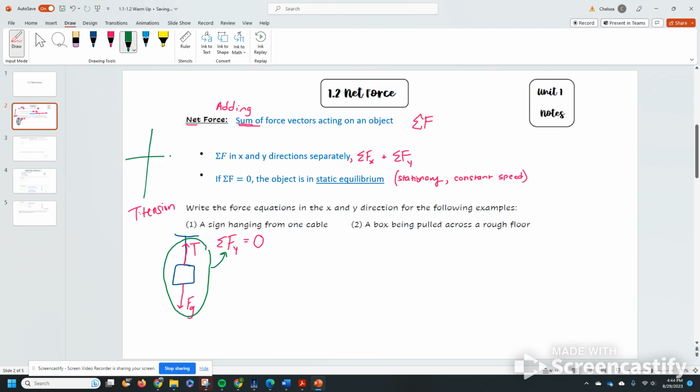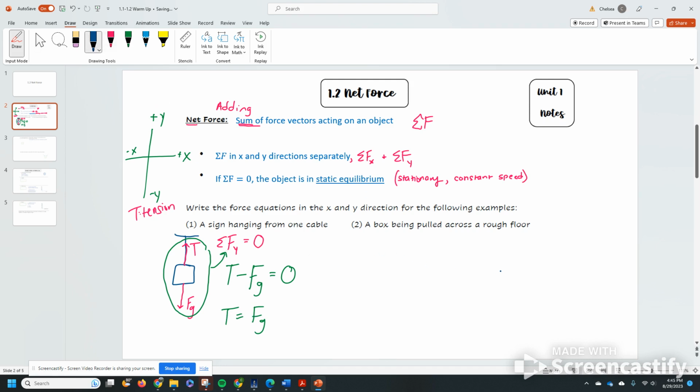With my typical system, I'm going to have positive y as up, negative y as down, positive x as right, and negative x to the left. So upward, I've got tension pulling upward, minus pulling down, we have gravity, or the weight, and that still equals 0. I can write it like that, or you can say that my upward forces are balancing out with my downward forces, so my tension and my weight have to be equal.